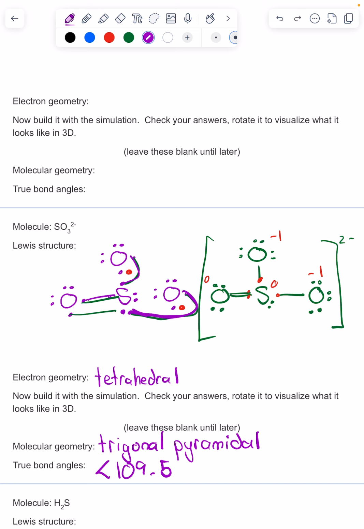Alternatively, yeah, the alternate version would be just taking this electron and moving it over here. And so you'd end up with this, which is interesting because you'd actually get the same answers for the electron geometry and the molecular geometry and the angles if you did it this way.